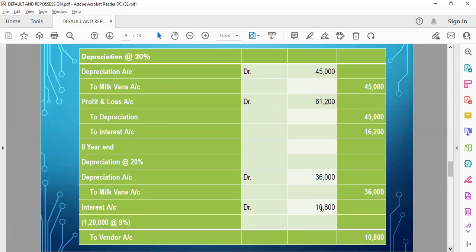So interest account debit 10,800, to vendor account 10,800.